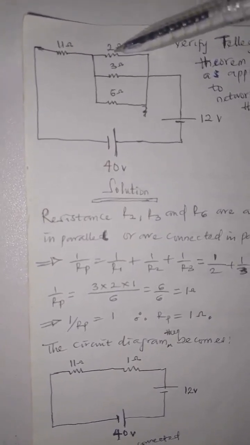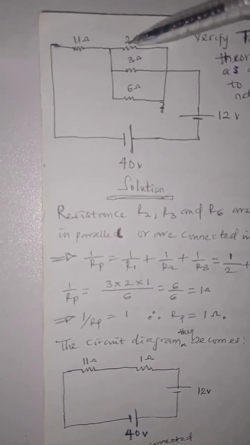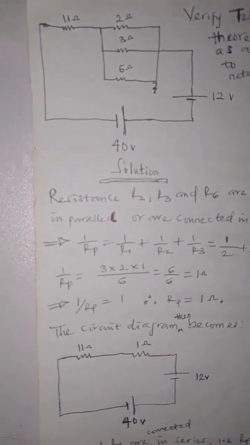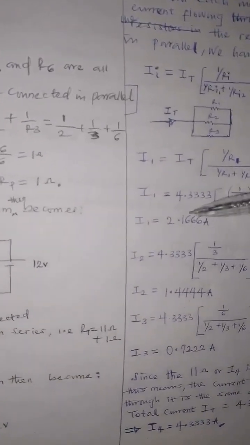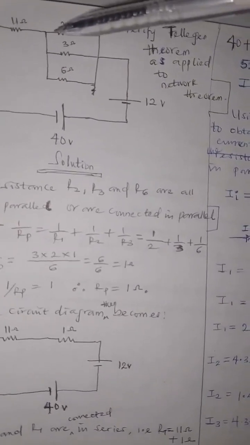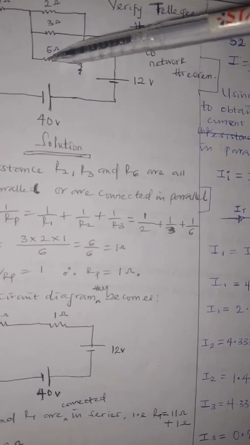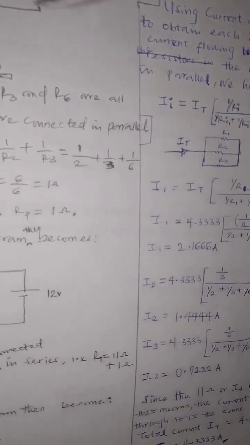So we have I1, I2, I3, I4. The current flowing through, as you can see, is 2.166 from here, 2.166, and the current flowing through here is 1.444, and from here it is 0.72.